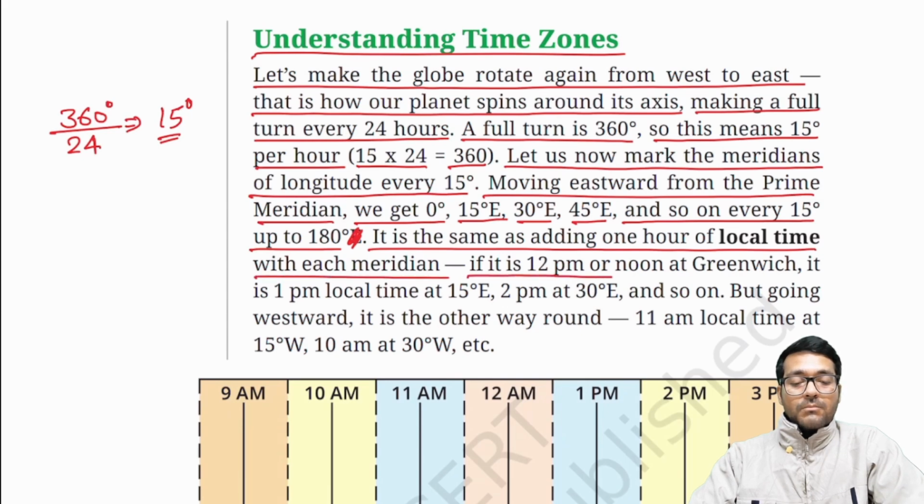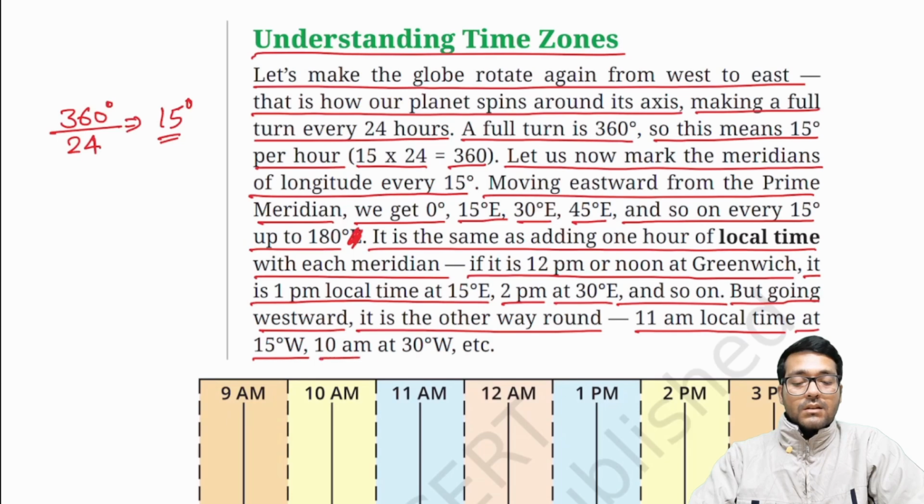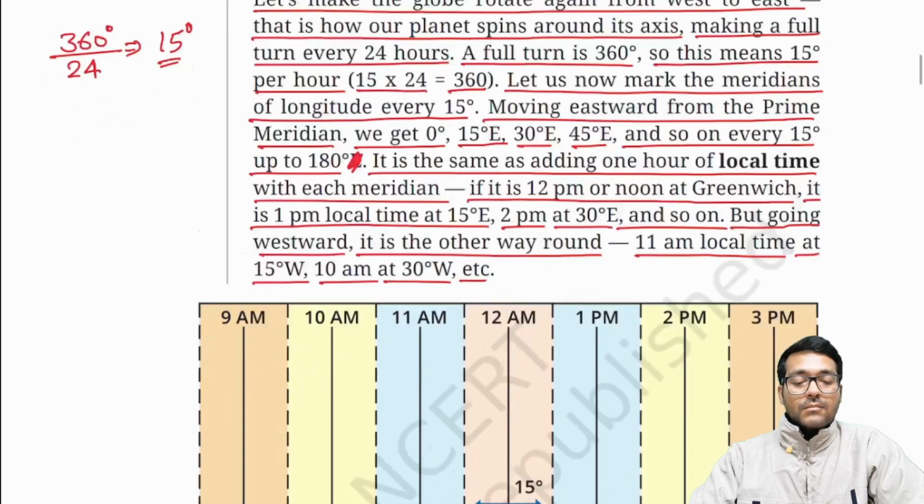If it is 12 pm or noon at Greenwich, it is 1 pm local time at 15 degree east, 2 pm at 30 degree east, and so on. But going westward, it is the other way round. 11 am local time at 15 degree west, 10 am at 30 degree west, etc.